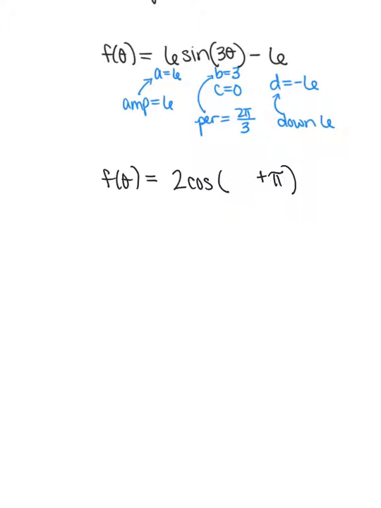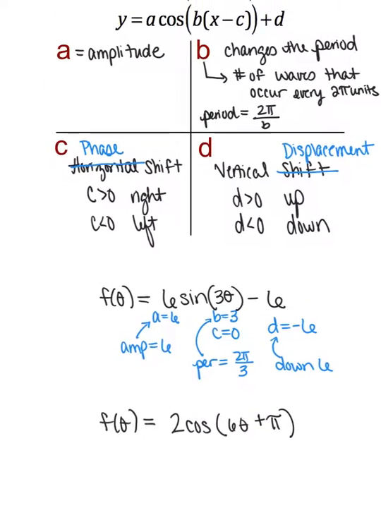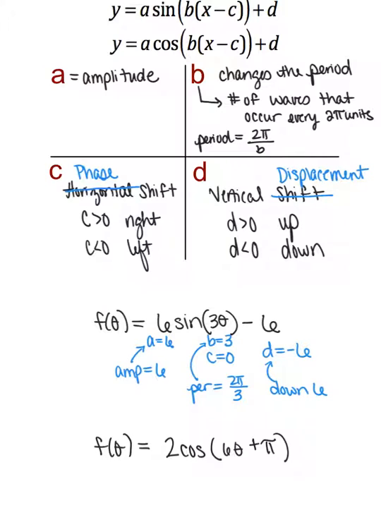Let's rewrite that: 6 theta plus pi. So you can see here that my A value is 2, my B value is 6, and it looks like my C value is a negative pi.